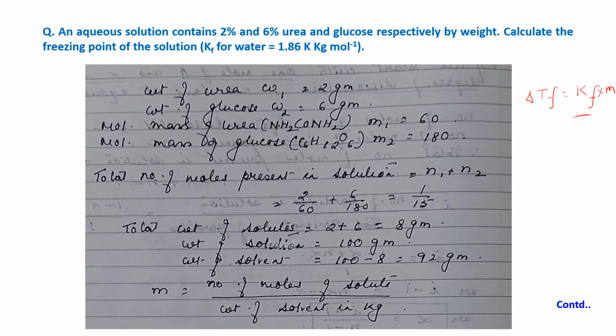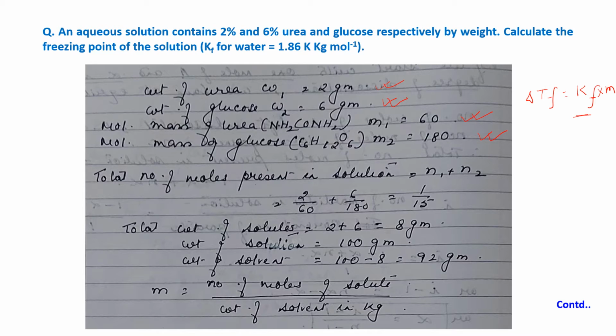So for that, first, weight of urea is 2 gram given. Weight of glucose is 6 gram given. Molecular mass of urea, the formula of urea NH2CONH2, from there we can calculate it is coming 60. And the molecular mass of glucose C6H12O6 is coming 180.